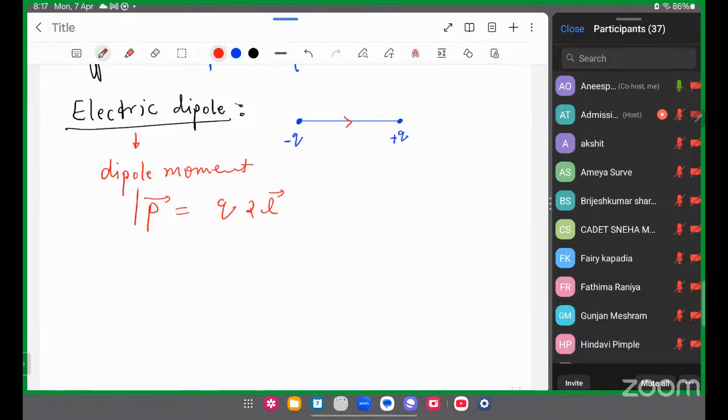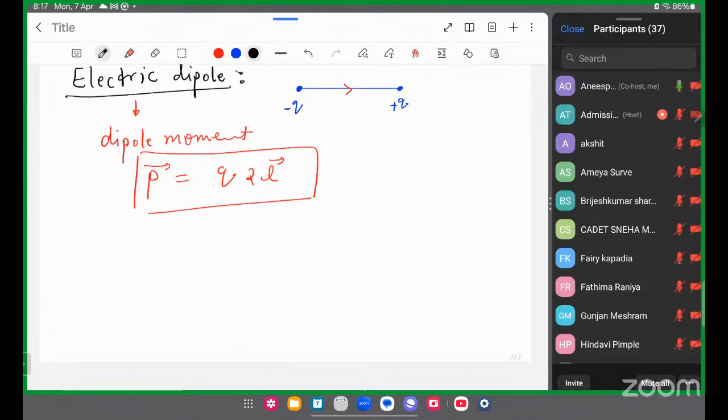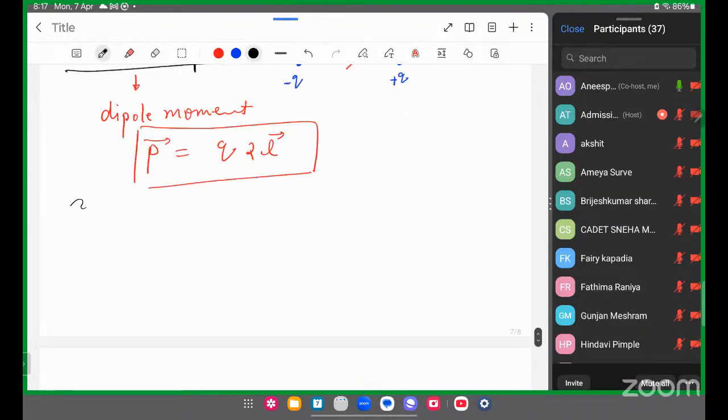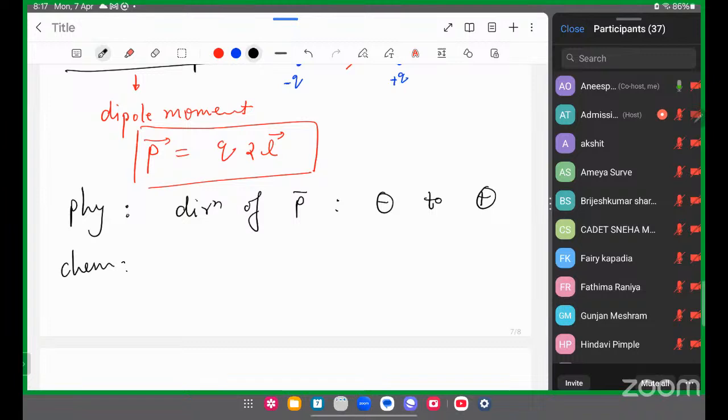Here L vector will indicate the direction of dipole moment. In physics, the direction of dipole moment P is from negative charge to positive charge. In chemistry, the direction of dipole moment is from positive charge to negative charge.